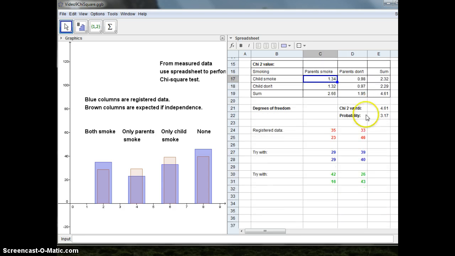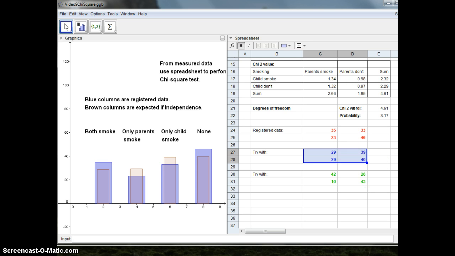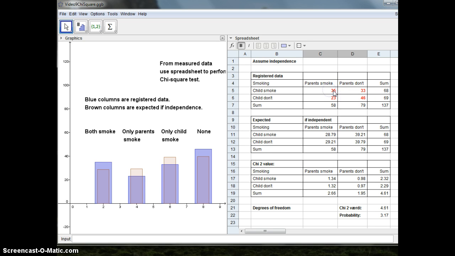I've made some other figures here to try with, and I'll try to make those 4. So I will copy them and put them up here. And these numbers are very much alike, and you see that you get a very small figure and very high probability here.